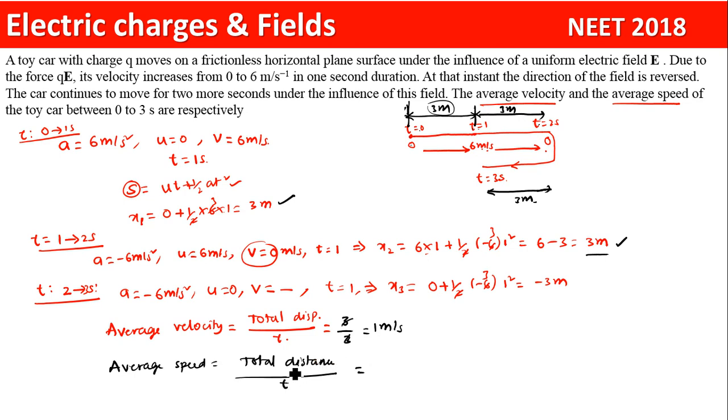Total distance is 3 plus 3 plus 3, that is 9 meters. Duration is 1 plus 1 plus 1, so it is 3. So 9 by 3 is 3 meter per second. So that is the answer.